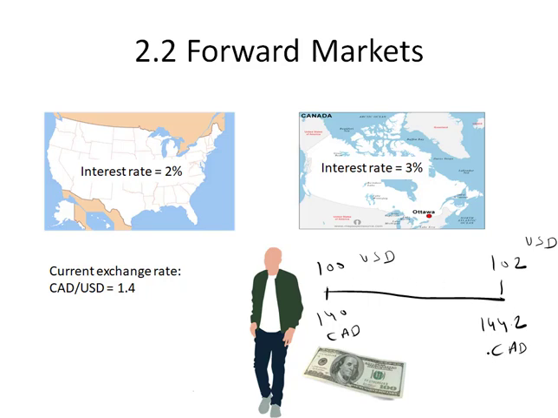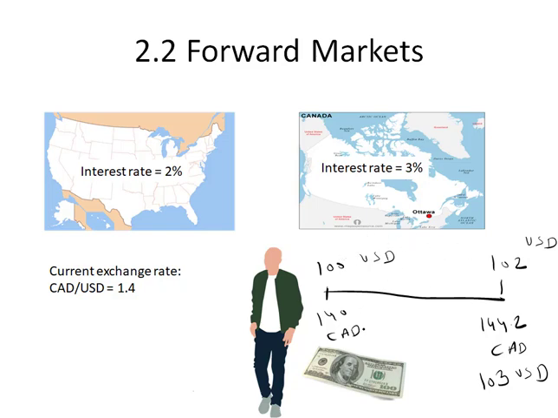Now if we assume that the exchange rate of 1.4, which was in the beginning, remains the same, doesn't change, then we have to convert his Canadian dollars into US dollars. So 144.2 divided by 1.4, and I will get 103 US dollars. So in this case, you can see that we are getting exactly a 3% return rate. But in the previous case, he was getting a 2% return rate.